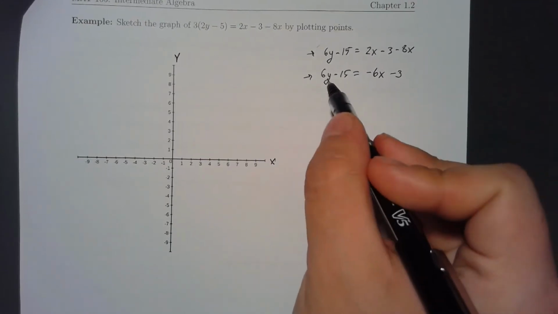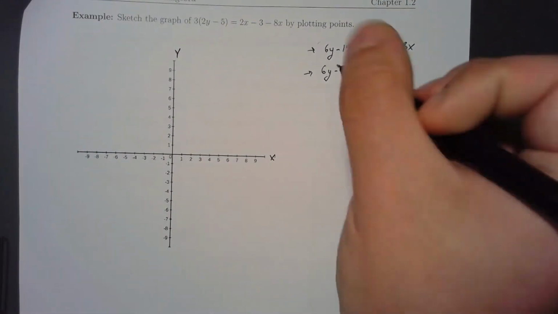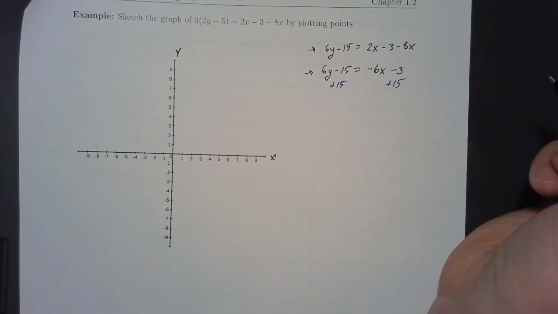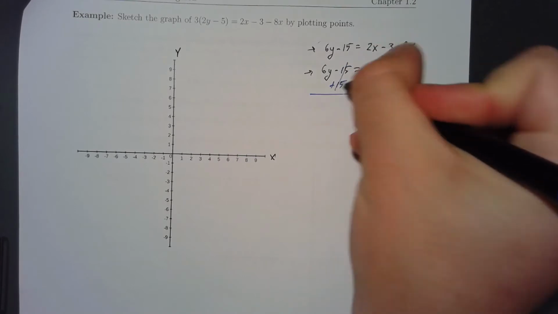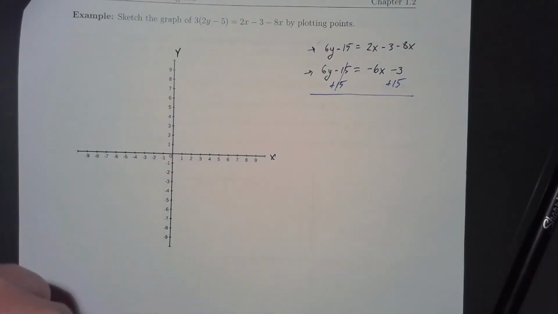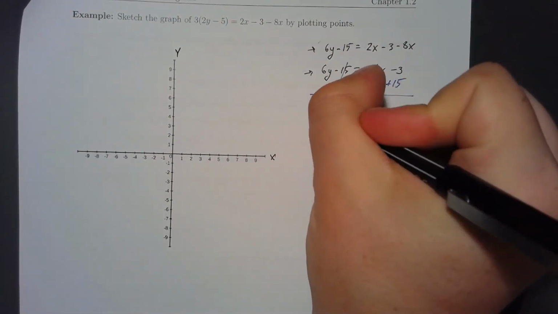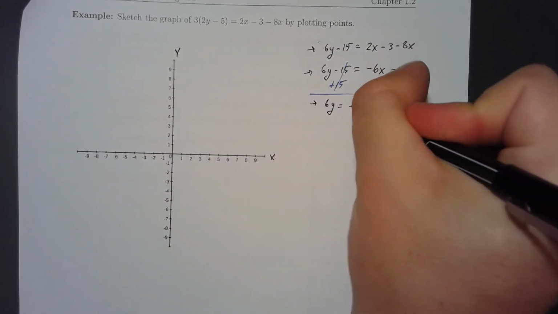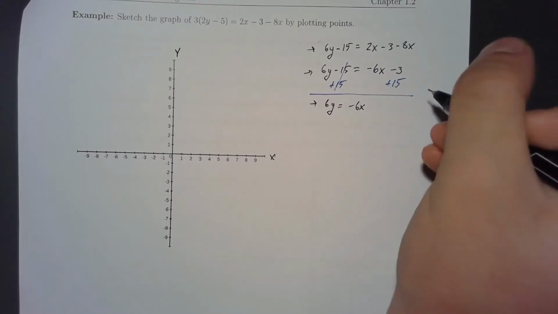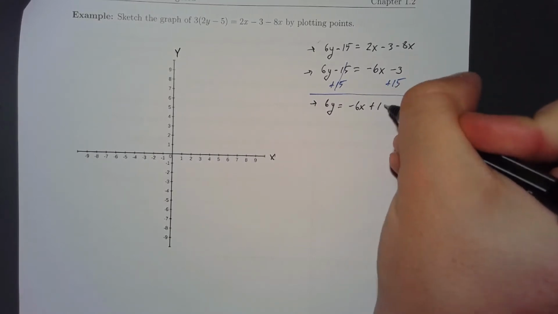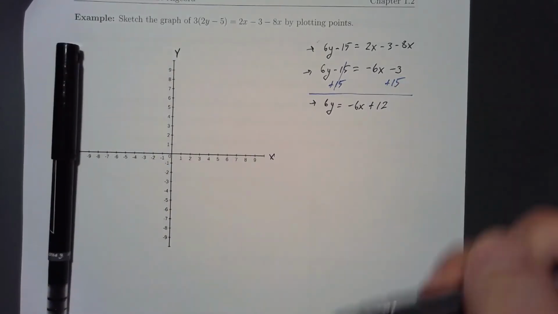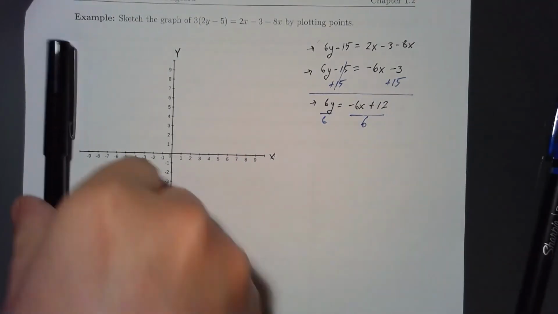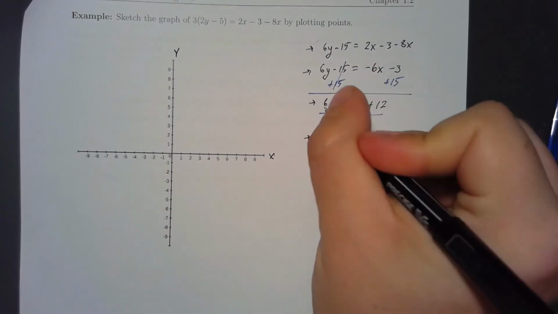Now I just got to get y by itself. How do I do that? Add 15. y equals negative 6x minus 3 plus 15 is plus 12. Divide by 6. The 6's cancel.